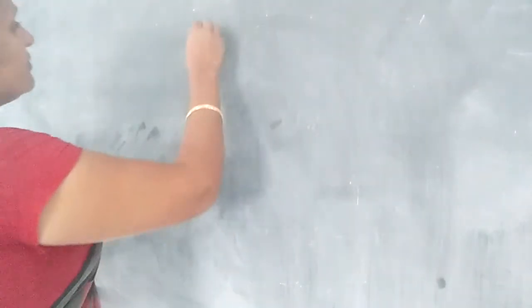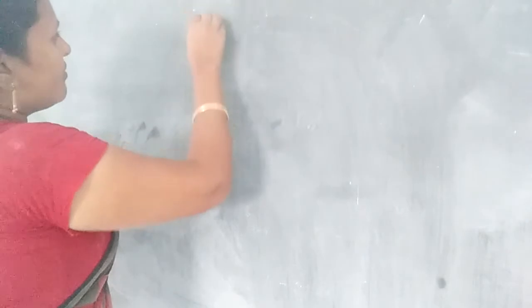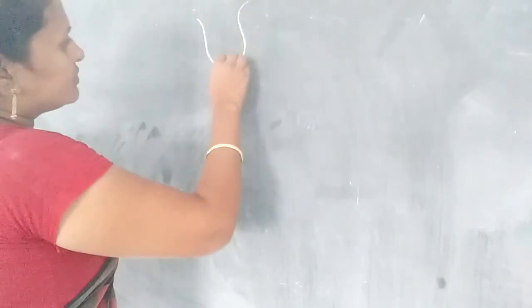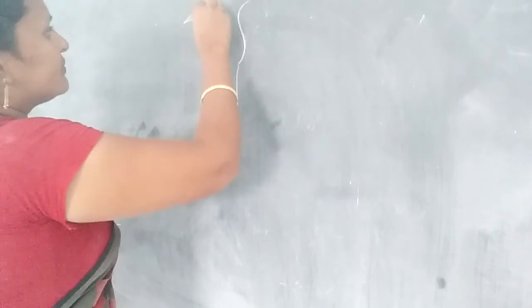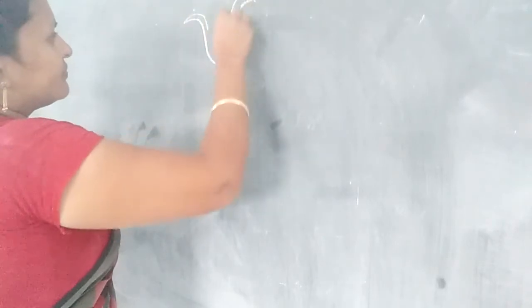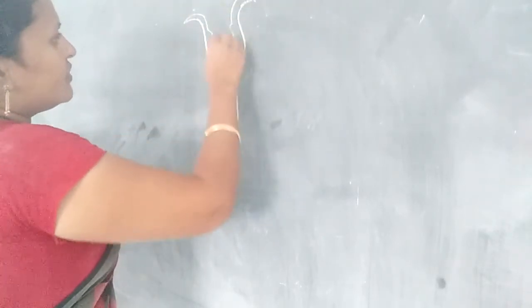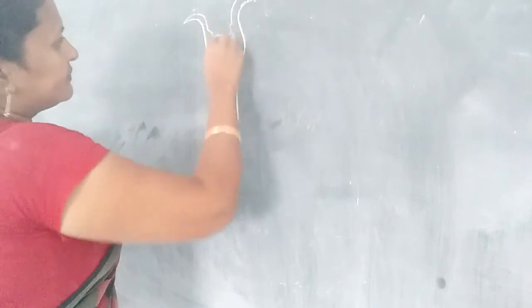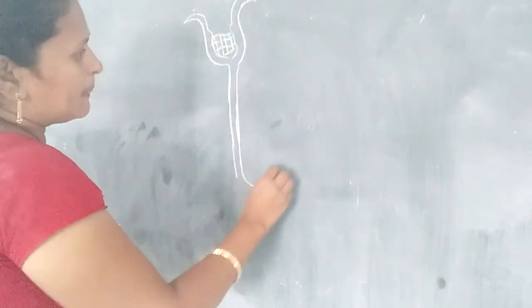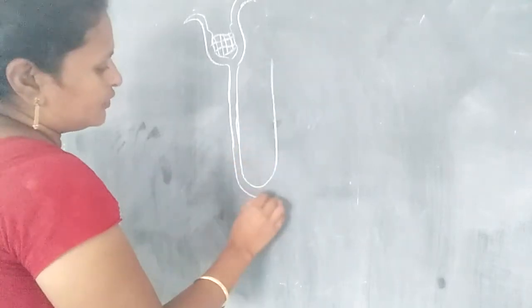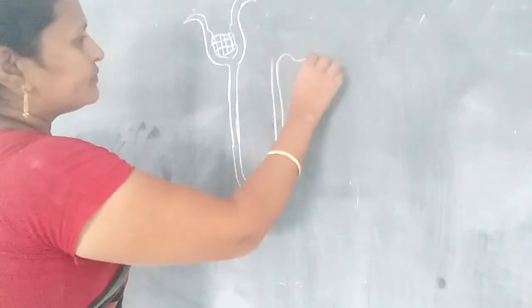First of all, the nephron has two regions. The first one is the Bowman's capsule, and the second one is the renal tubule.